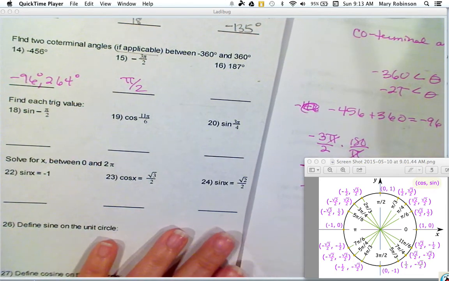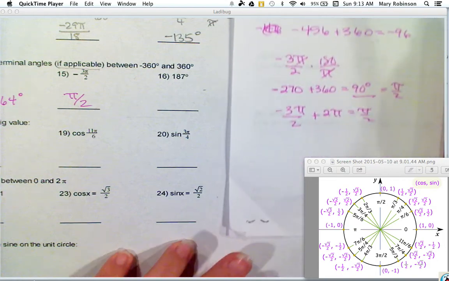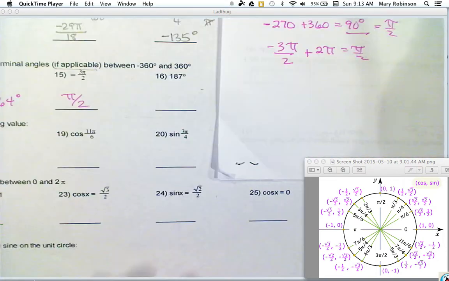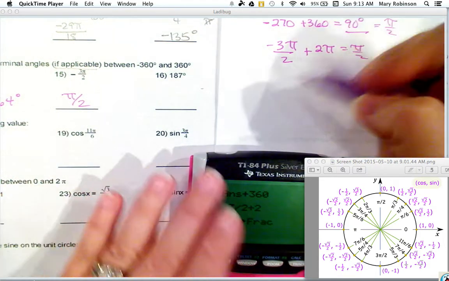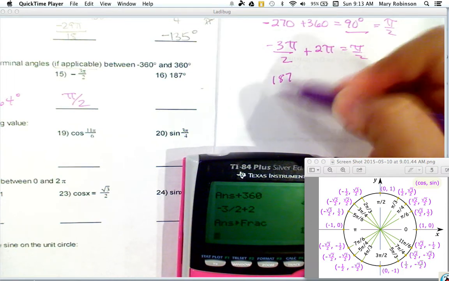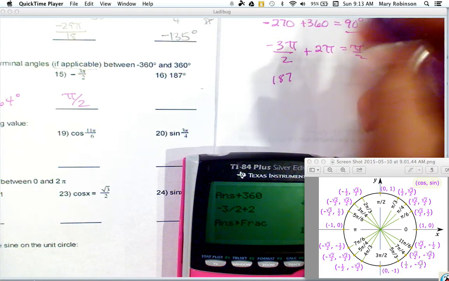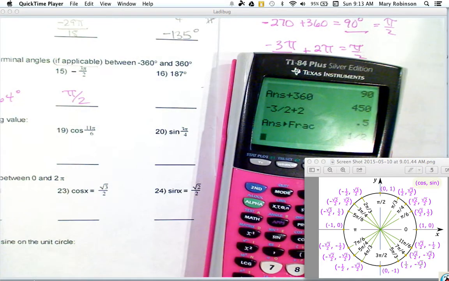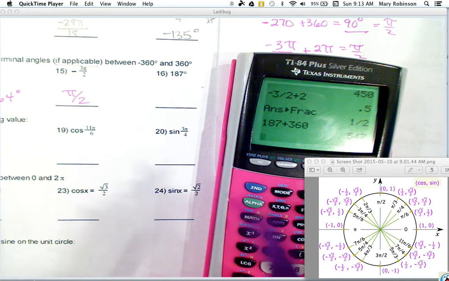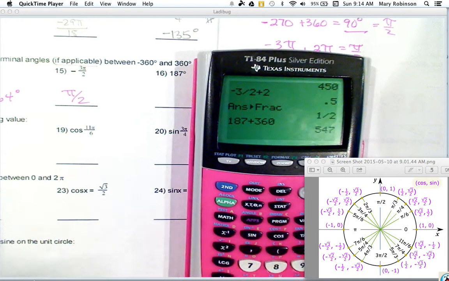Next, we have 187 degrees for 16. If I add 360 to 187, that's going to be above my max of 360 that I'm able to list.